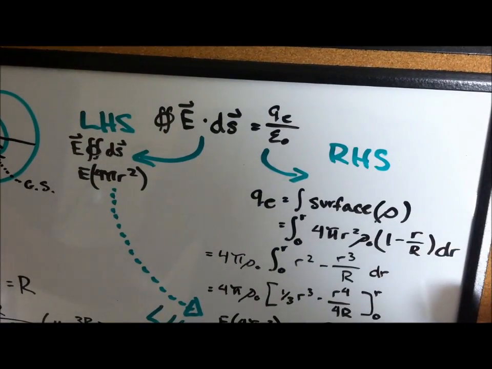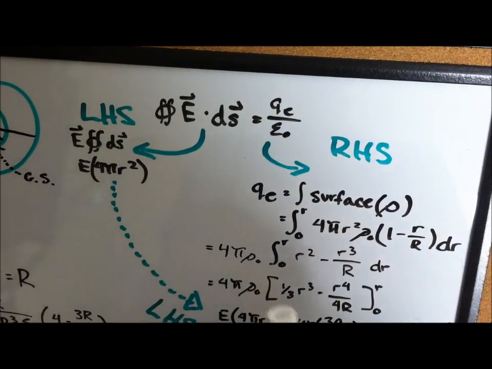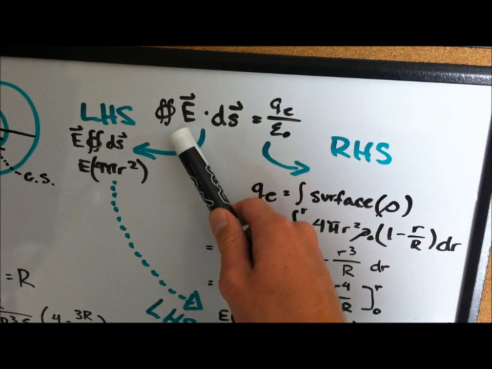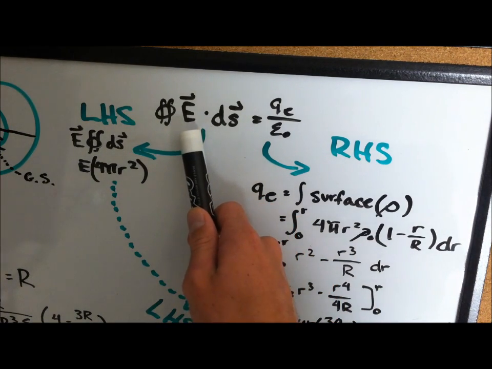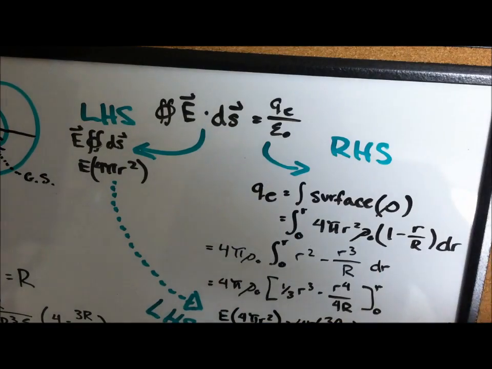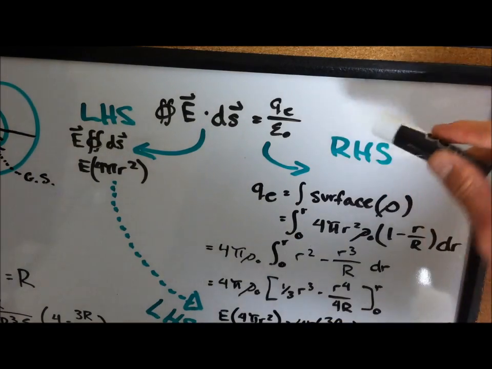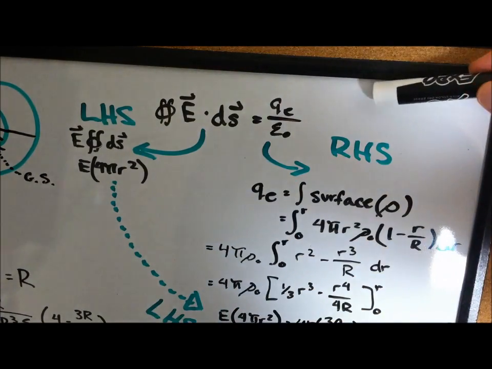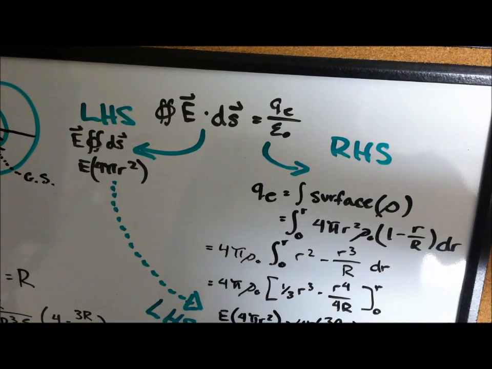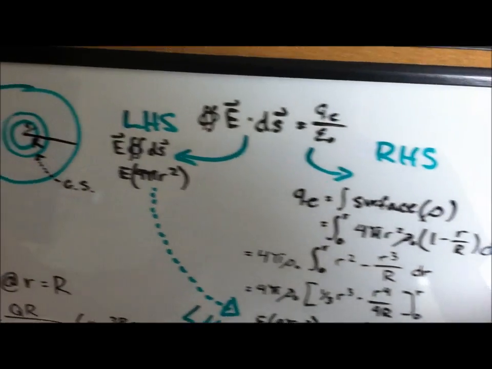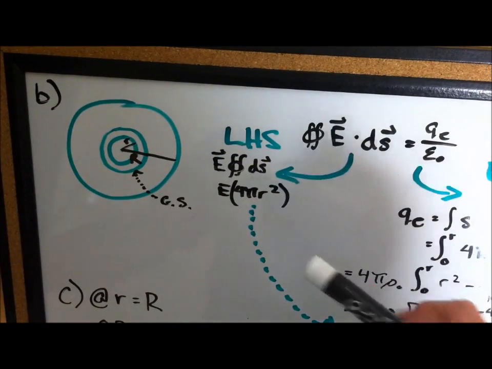So get familiar with that picture there. We're going to have the left-hand side and the right-hand side. Left-hand side is your typical closed surface integral, your enclosed surface with an electric field and surface there. And that's going to equal your right-hand side, the charge of the enclosed surface over some constant epsilon naught. So we'll start with the left-hand side, real simple.